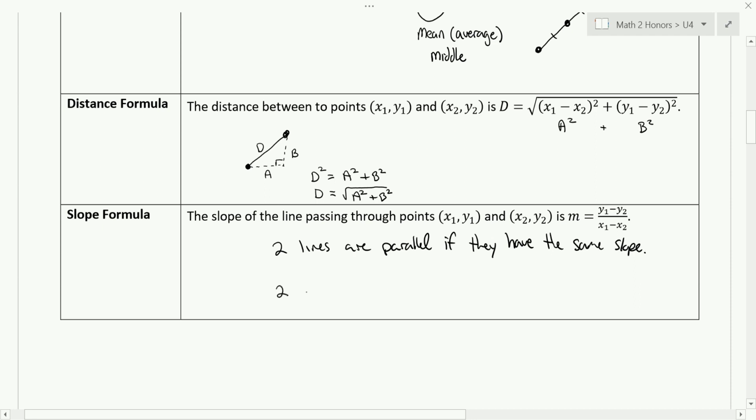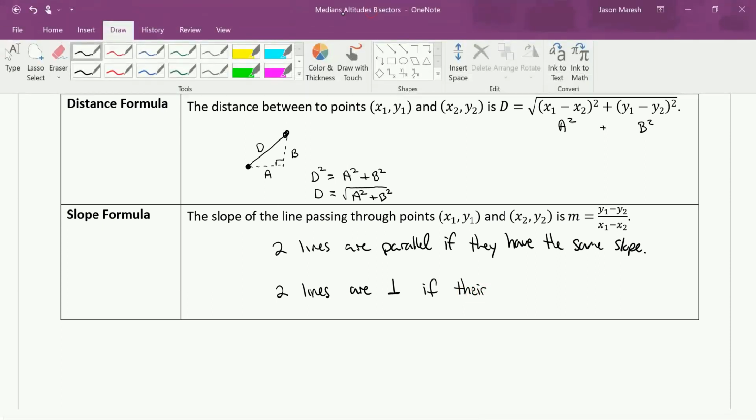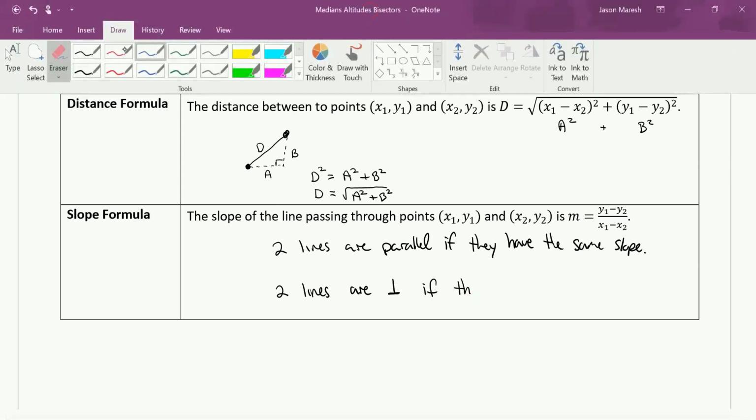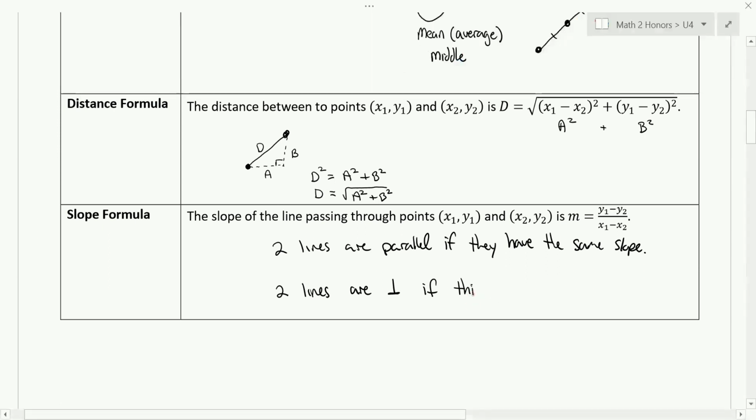Two lines are perpendicular if their slopes are what? Anybody remember?